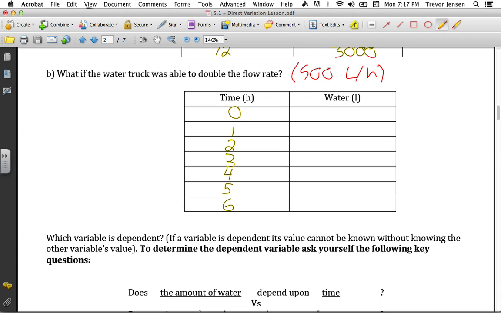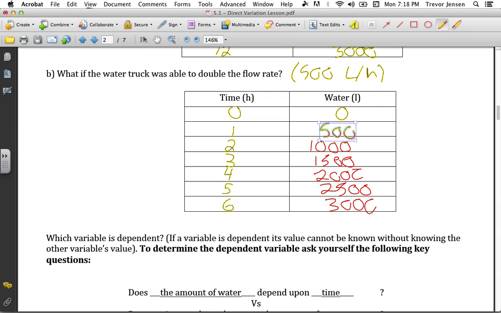So don't forget the tub's initially empty. So it starts off empty, and then it's now supplying it at 500 liters per hour. So after 1 hour, it'll be at 500. After another hour, it'll have another 500 in there, so it'll now be at 1,000. Then 1,500, then 2,000, then 2,500, then 3,000.